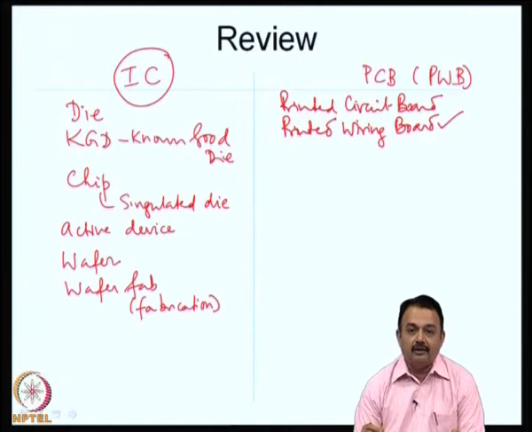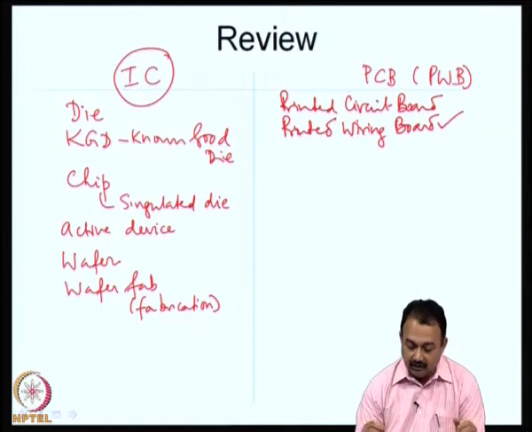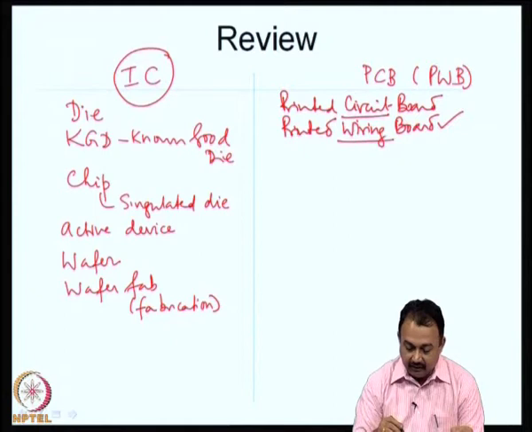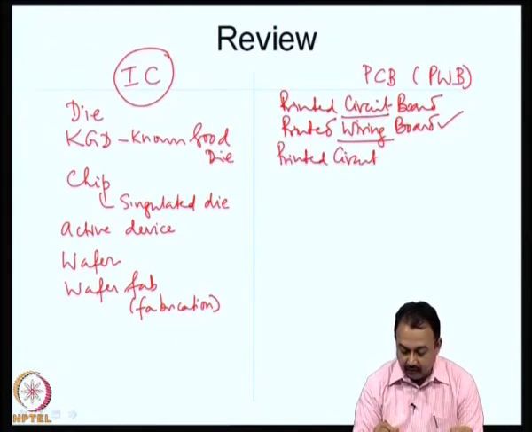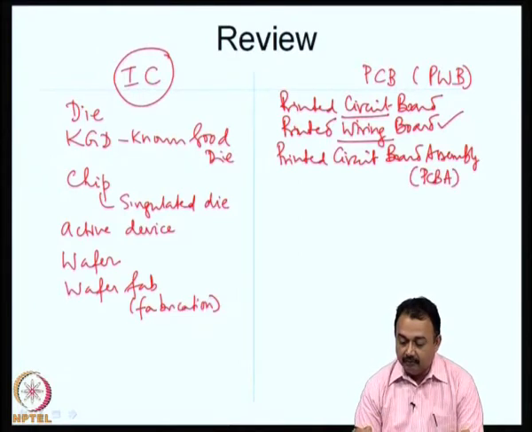So, at that stage of the system, that is the second level packaged product, it is called a wiring board. Now, the printed circuit board terminology is used normally when the printed wiring board is stuffed with components and interconnected or soldered. So, it is basically an assembly. So, you might also hear the term printed circuit board assembly, PCBA. This is also used in common parlance.